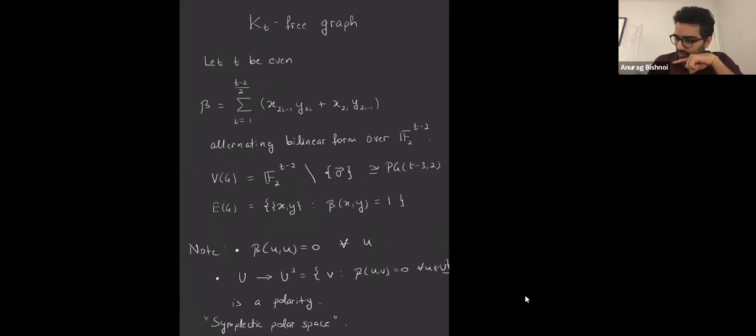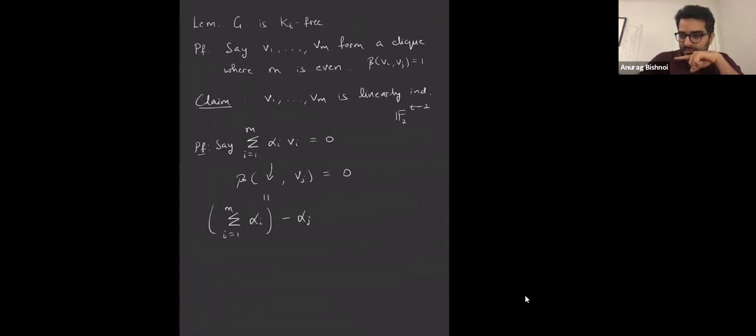So in our graph, this was the adjacency. So all of them are non-orthogonal to each other, but this is when i is not equal to j. And beta of vi, vi is equal to 0. So I'm just using that. So now we have that this thing is 0 for all j.